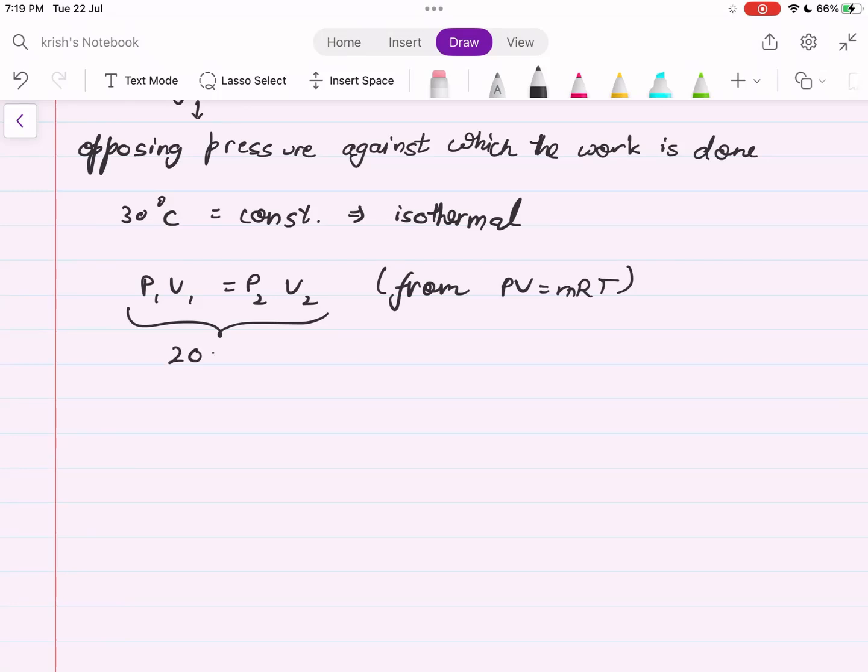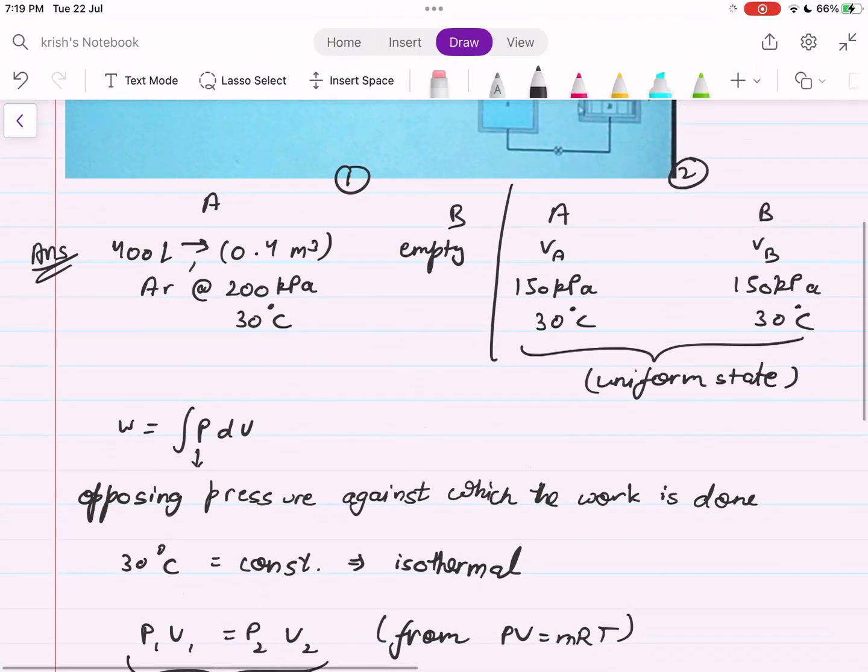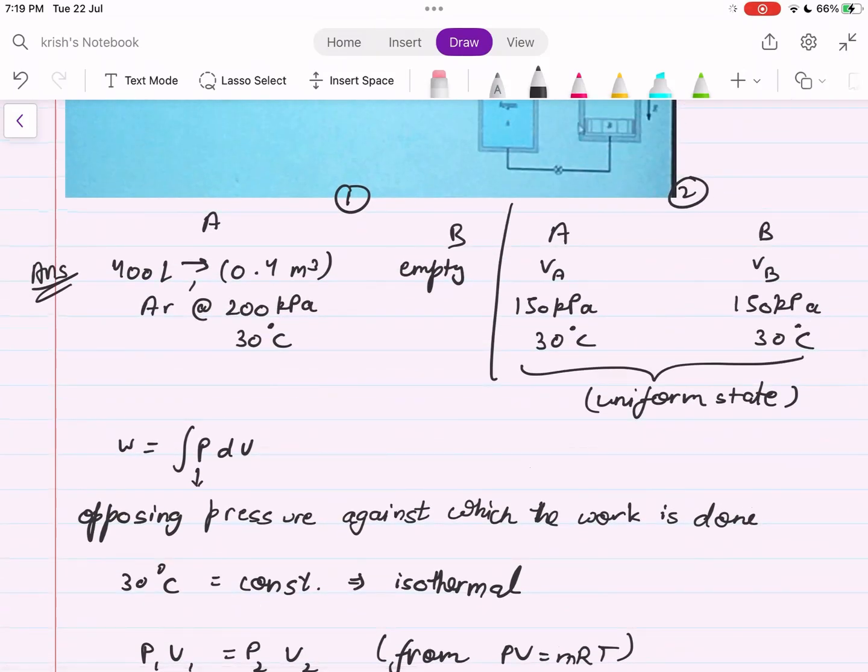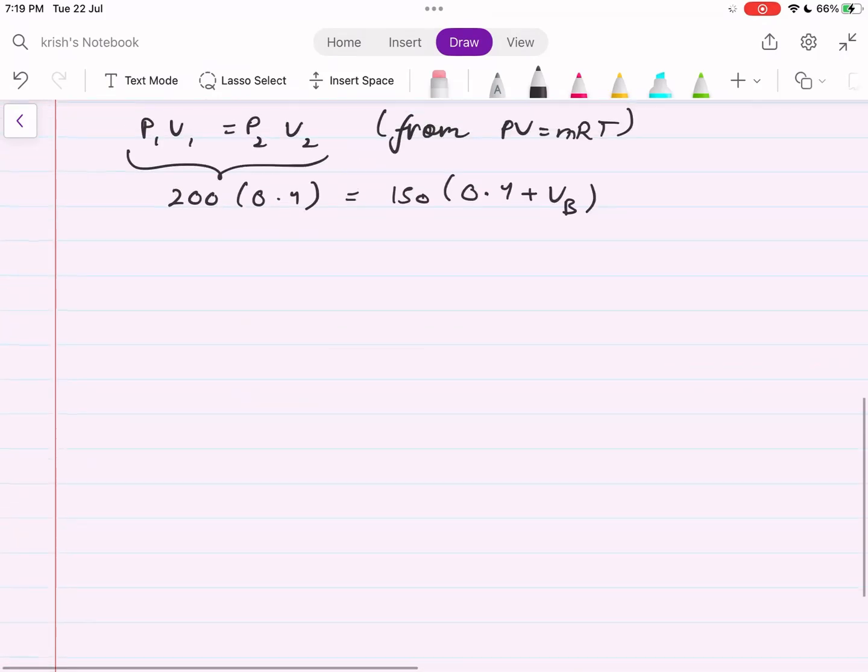So 200 into 0.4, remember volume in meter cube, equals 150 into 0.4 plus VB. Why is this? Because initially A had argon gas of 0.4 meter cube, and finally also that argon gas will expand to fill up A, which still has 0.4 meter cube of available space, plus the gas that goes into B. So 0.4 plus VB.